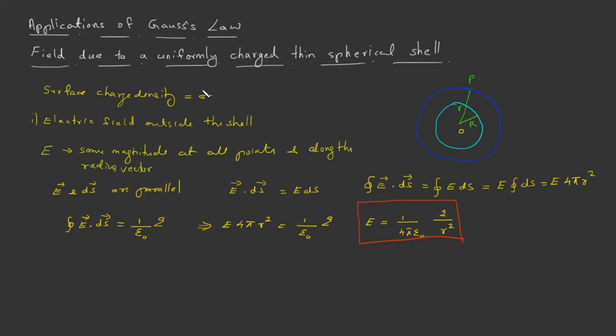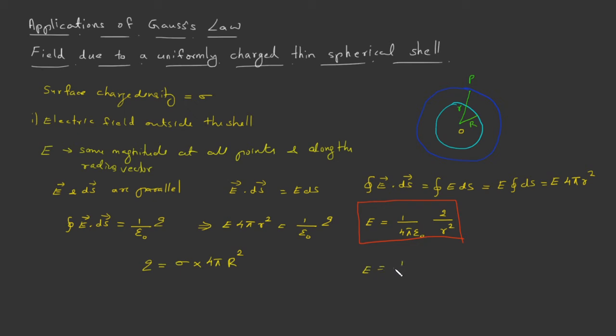We already took the surface charge density of this charged spherical shell as sigma. Therefore, the charge of this spherical shell Q is equal to sigma into the surface area of this spherical shell. We know the surface area of this spherical shell is 4 pi R square, where capital R is the radius of this spherical shell. Substituting here, we can get the equation for electric field.